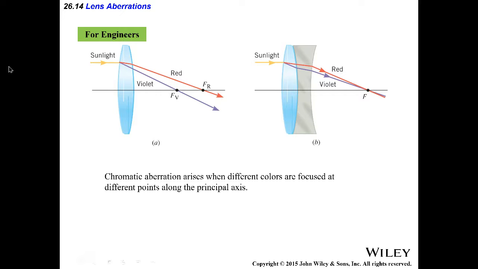And when you have the light coming in from the sun, you're going to have the red and the violet come at different places. So if I have a microscope and I want to look at a sample, I don't want there to be those kinds of colors around, because then I would not be able to tell whether the sample is a good sample or a bad sample.